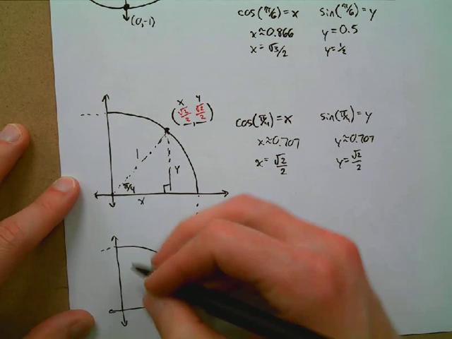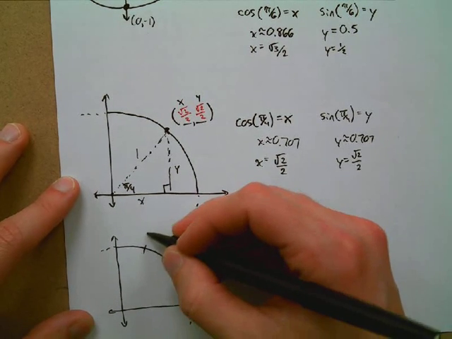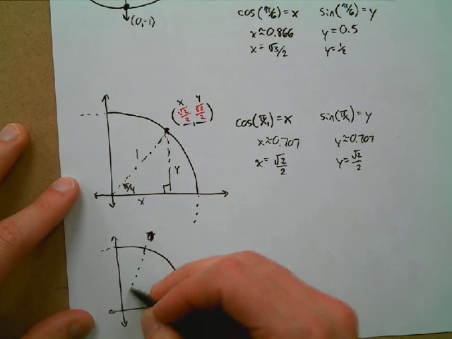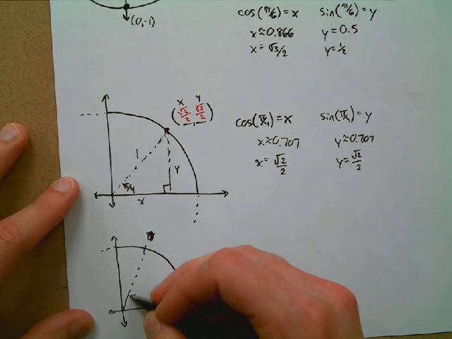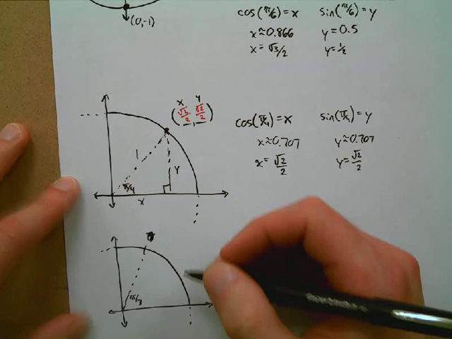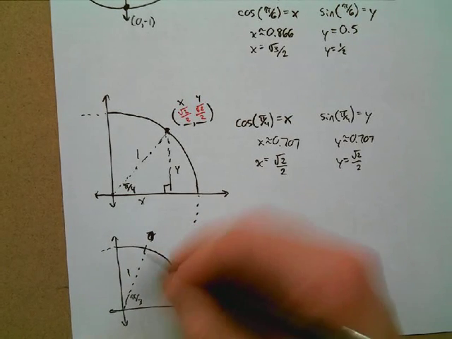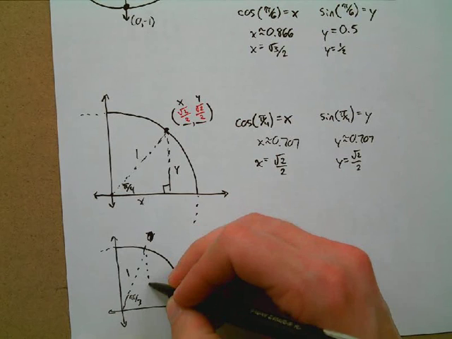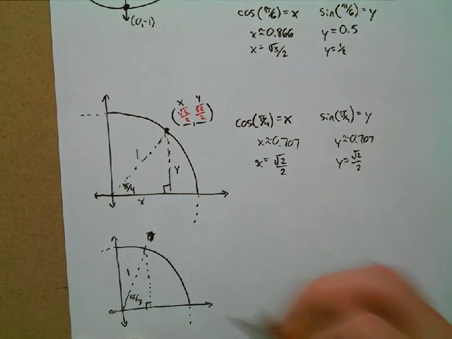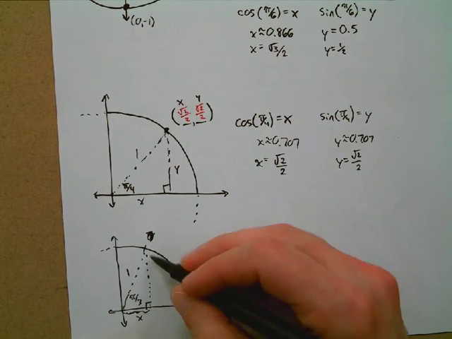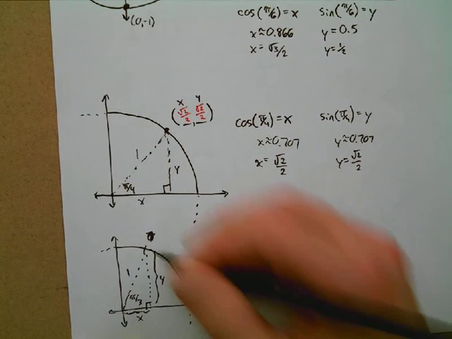Again, the radius of the unit circle is 1, so the hypotenuse will be 1. We want to find the x coordinate here, and then the y coordinate here. The calculation will be exactly the same.